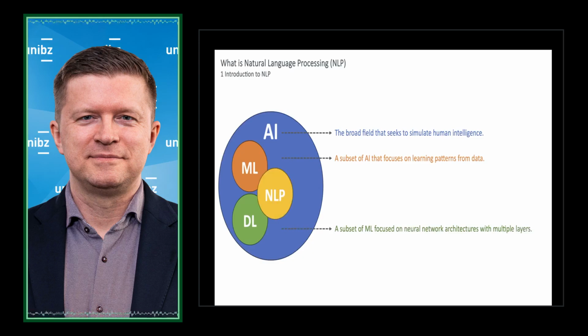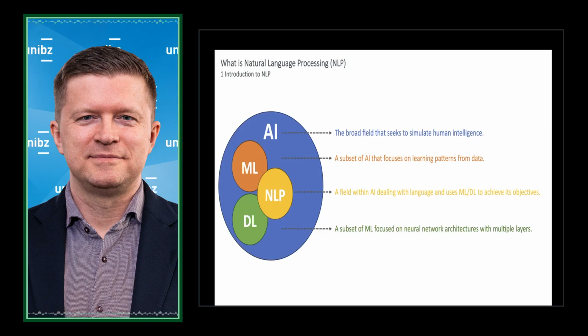And then we have NLP, which is both a subset of machine learning, because it deals with tasks like classification, sentiment analysis, NER, which stands for named entity recognition, and it often uses supervised or unsupervised machine learning algorithms, for example, logistic regression, support vector machines, decision trees.